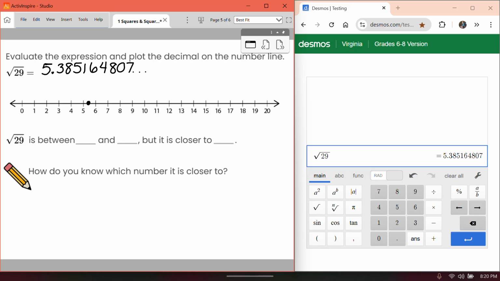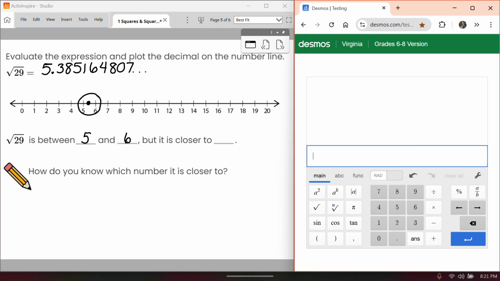And then when you look at that number line and see what two numbers the dot is in between, that's what we're talking about. So when we want to know what two consecutive numbers the square root of 29 is between, we would say it's between 5 and 6. Now, that doesn't mean you have to have the number line every time.